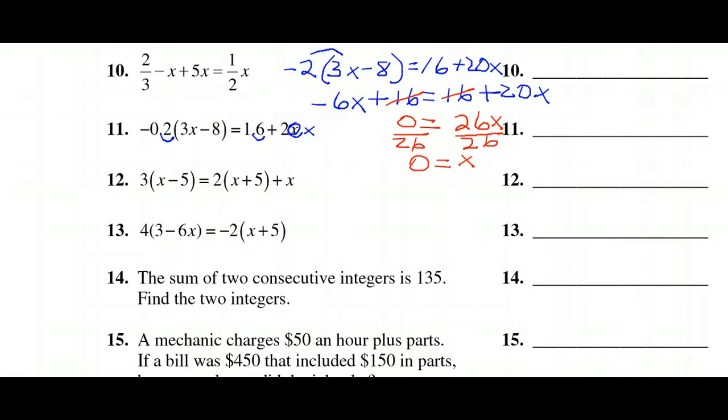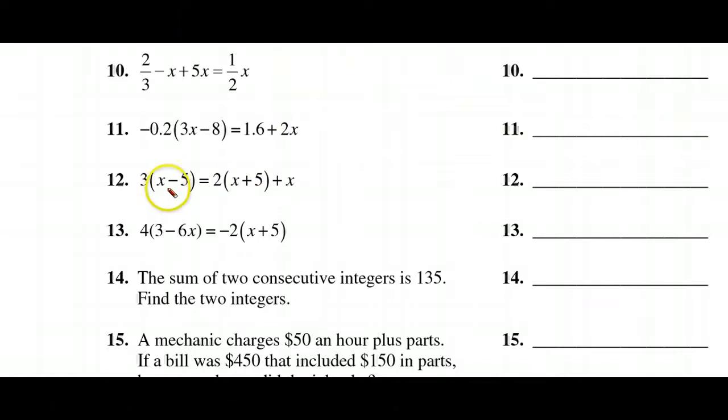Now, let's go on to our next one where we still have to clear parentheses. And let's see what we get. I'll write it up here. So 3x minus 15 equals 2x plus 10 plus x.